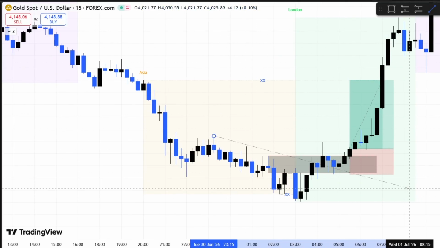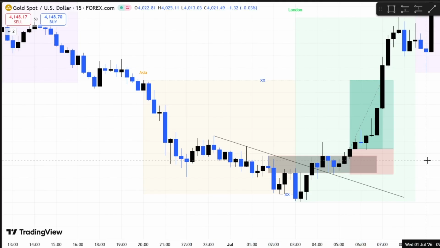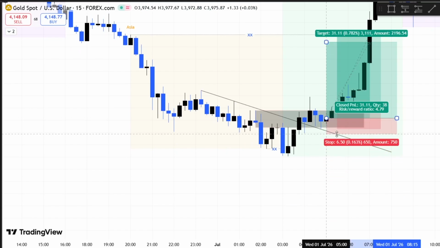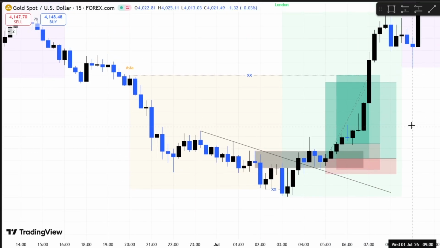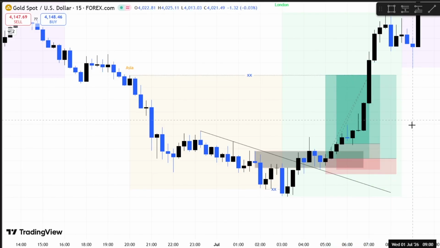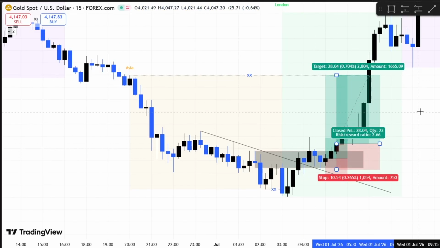Someone trading a trend line breakout would also make money. We would wait for the trend line to break out and retest and give us an inside formation. This would be an early entry for someone trading this. Protect the lows, and we would have the same TP. This one would aim for a 1 to 5, and this one will give you a 1 to 2.